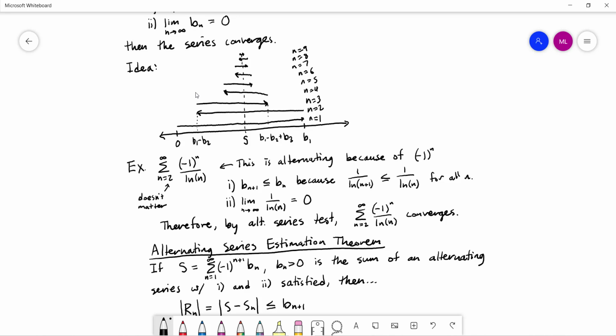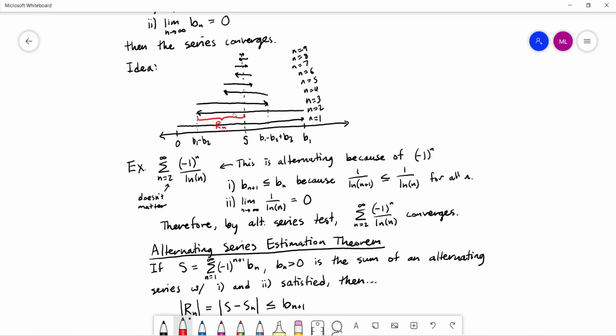That would mean this distance right here would be my R sub n. That's the residual. That's how far off I am after 2 terms, how far off I am from the true value.